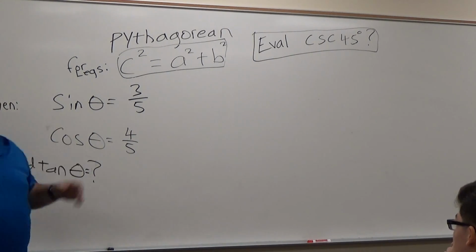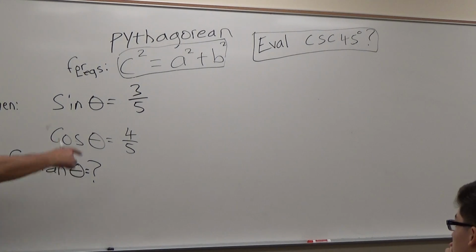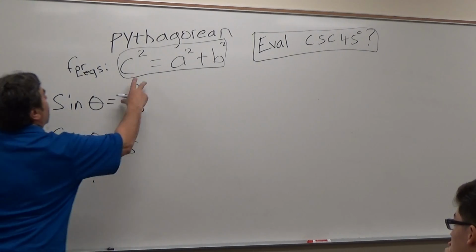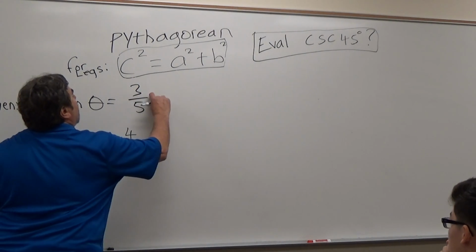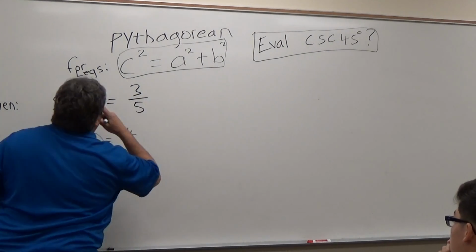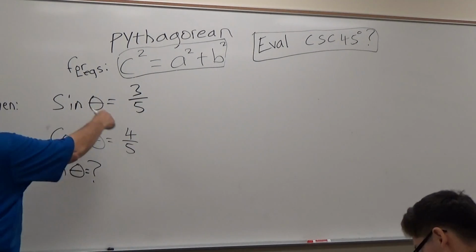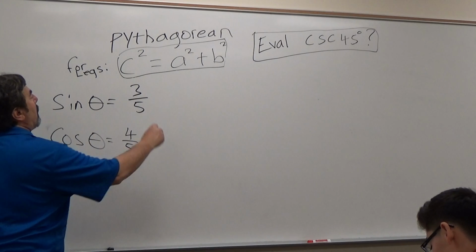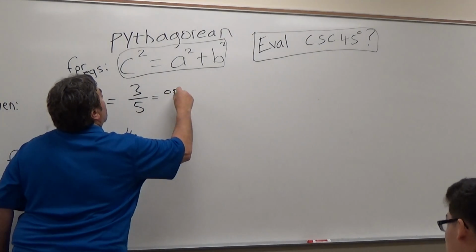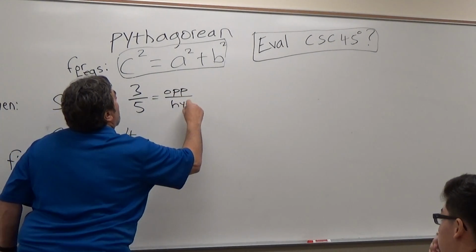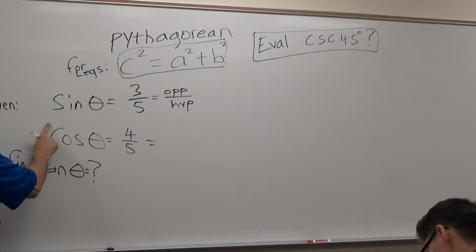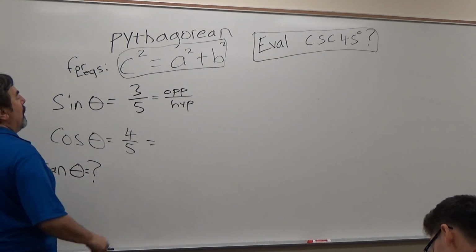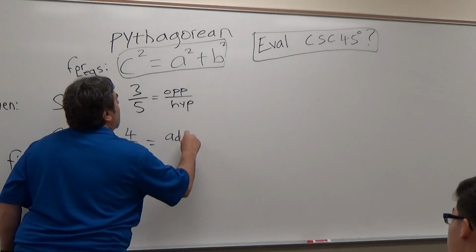Now, whenever they give you either the sine or the cosine in fraction form, how I suggest that you proceed is to write the definition right next to it. What is the definition of the sine of theta? Opposite over hypotenuse. Good job. And what about the cosine of theta? What's the definition of the cosine of theta? Adjacent over hypotenuse. Good job.